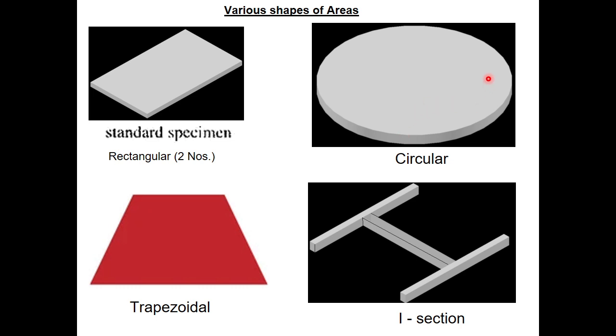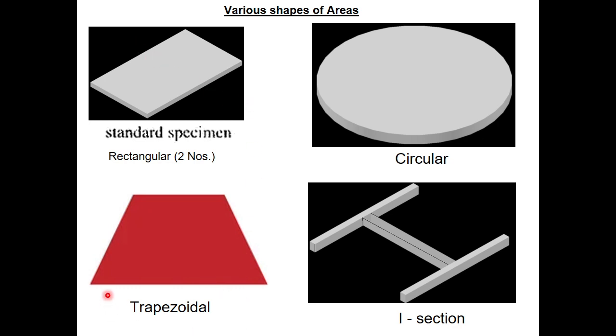For a circular shape, every direction which passes through the center is a principal direction, since it is symmetric about the center. For a rectangle, there are two axes of symmetry, along the length and along the width or breadth. So those are the two directions.